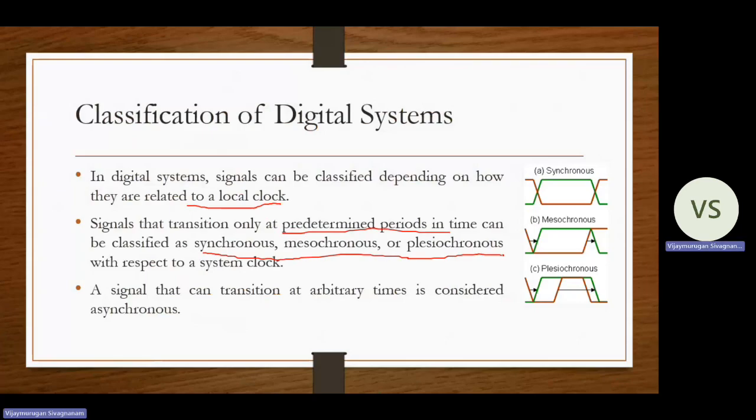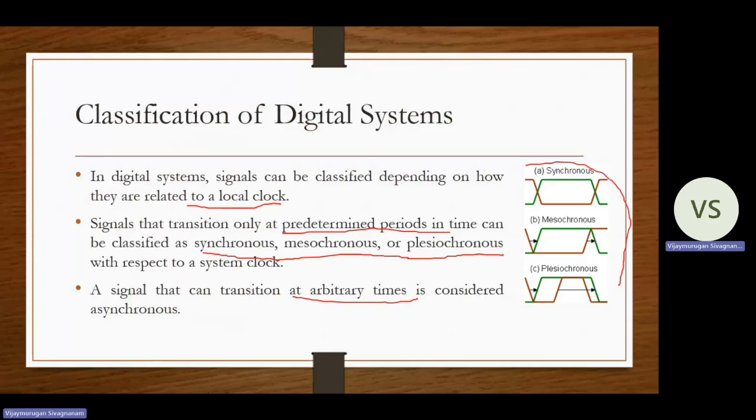The next classification is asynchronous, a signal that can transition at arbitrary time. The signal that can transition at arbitrary time is considered an asynchronous signal. So totally, in a digital system, the signal is classified into four types. First one is synchronous, second mesochronous, third plesiochronous, and final one asynchronous.